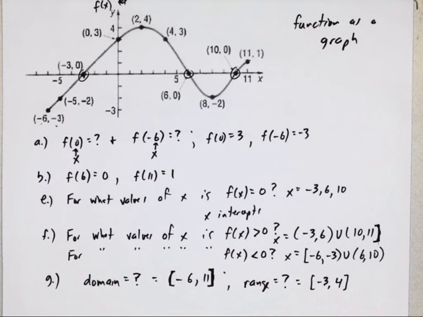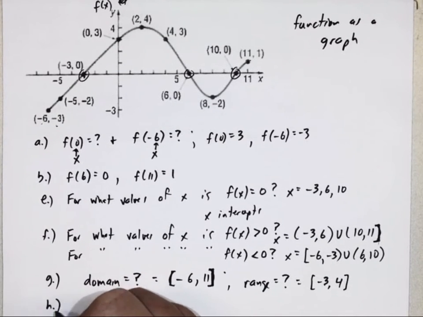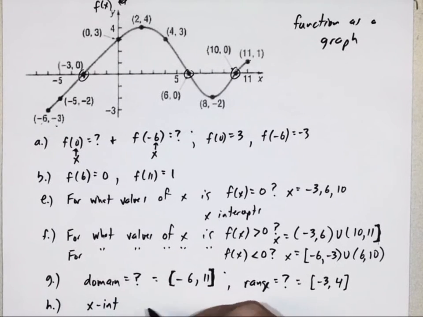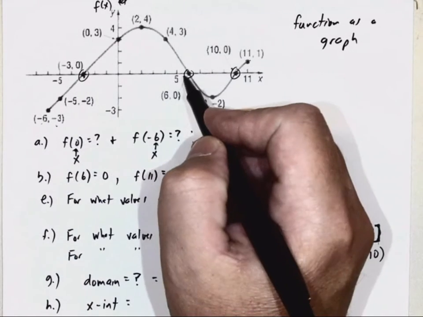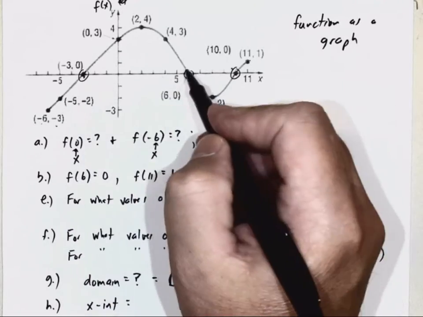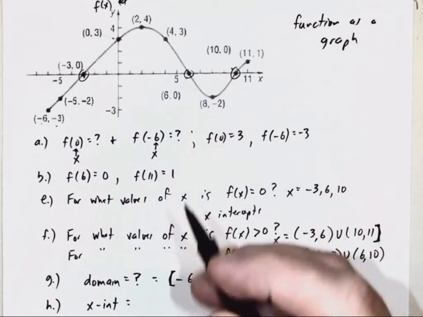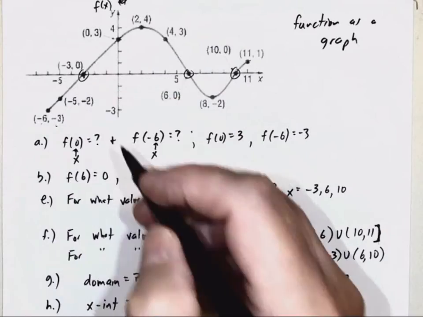And the last thing we'll talk about here, they ask for the x-intercepts and the y-intercepts. X-intercept, you can think of the word intersection. Where does the graph intersect or intercept the x-axis? Those are your x-intercepts. And actually, there are 3 points at which the graph crosses the x-axis. So I have 3 intercepts.